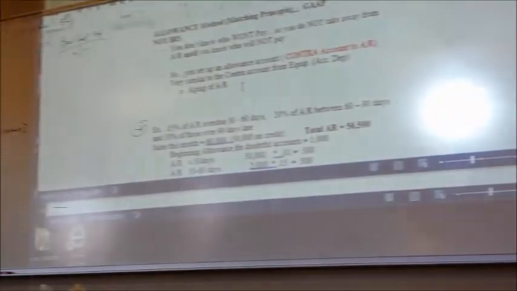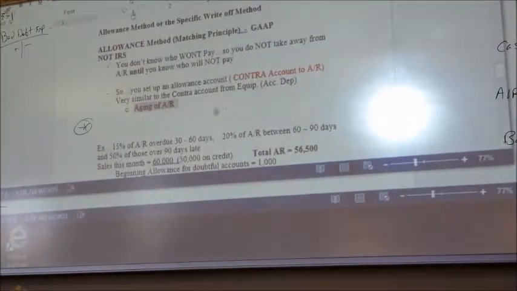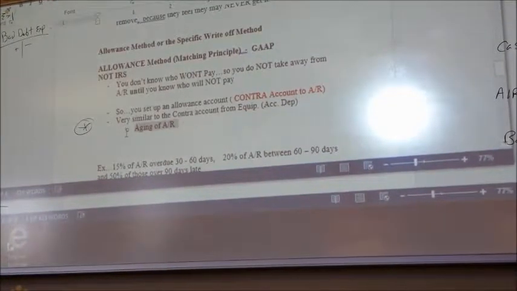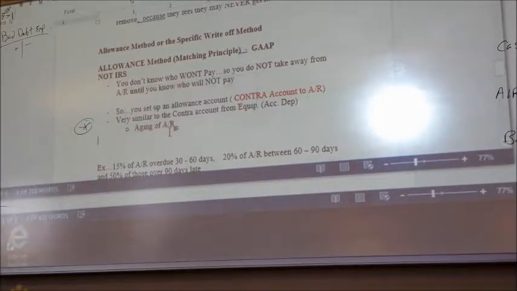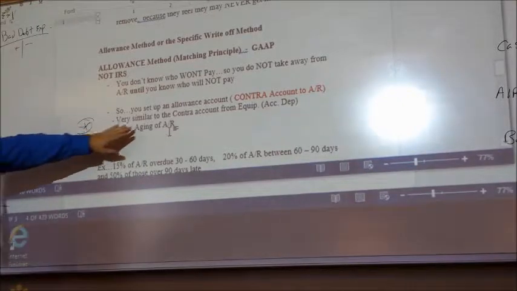And how we're going to do that is there's a couple of different methods, but we're going to focus on one of them called the aging of accounts receivable. The aging of accounts receivable method.